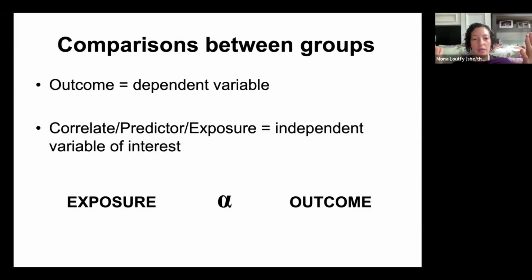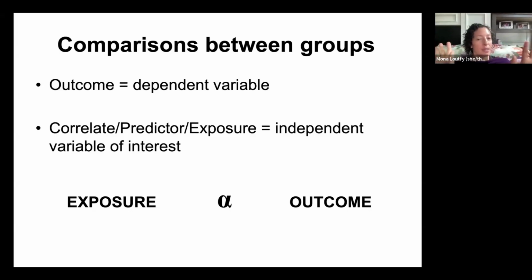For example, people could be exposed to cigarette smoking, yes or no, and the question is whether the exposure of cigarette smoking is associated with the outcome of lung cancer. That's why it's called an exposure.